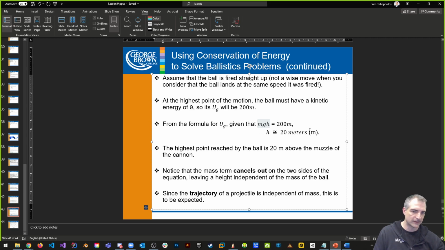This is what makes it easy for us to calculate things by using this conservation of energy idea, right? Since the trajectory of the projectile is independent of its mass, this is to be expected because we don't care about mass. Mass is a factor when it comes to momentum, but mass is not a factor when it comes to energy, in other words, kinetic and potential energy. It doesn't matter.